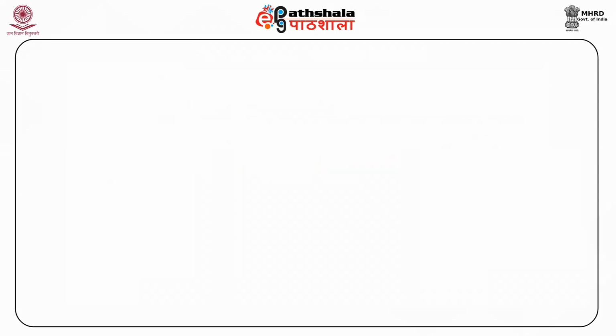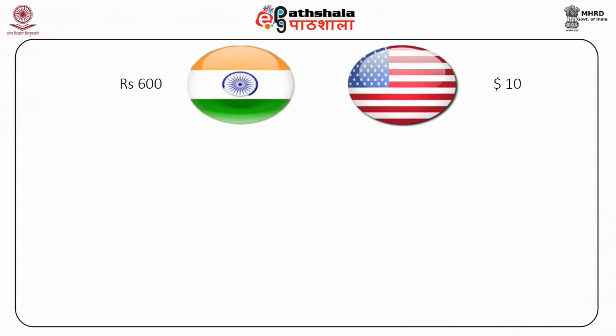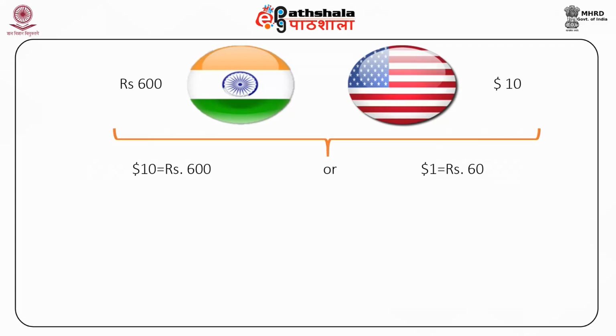Suppose you can buy a basket of commodities at rupees 600 in India, and suppose the same basket costs $10 in USA. Then, according to the purchasing power parity theory, the rupee-dollar exchange rate should be $10 equals rupees 600, or $1 equals rupees 60.